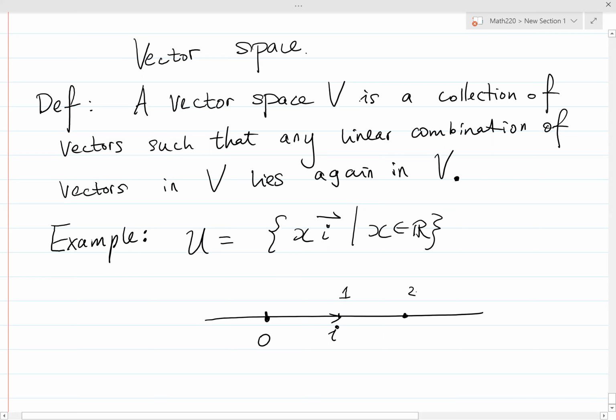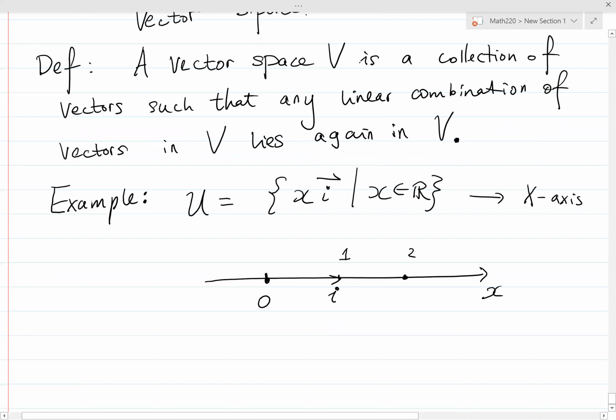This corresponds to the x-axis. If we do addition and multiplication by a real number, it again lies on the x-axis.